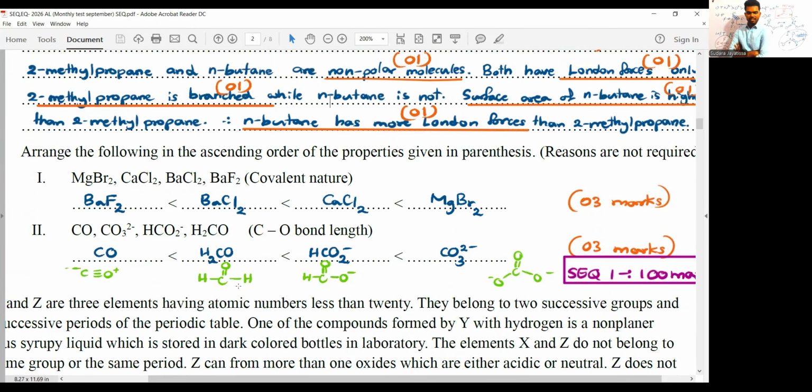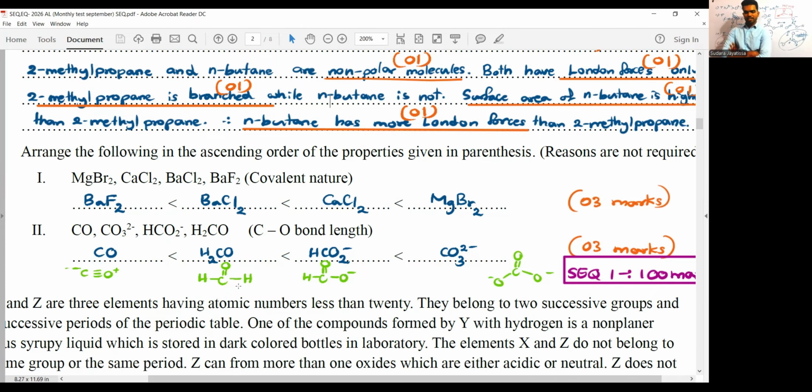And the last part is about arranging them in ascending order. So covalent nature increases in this way because you can see the three cations, barium, calcium and magnesium. Those are group 2 cations, they all have the same charge. Their polarizing power increases when the size is low. So magnesium 2 plus is the smallest one, so it will have the highest polarizing power and most covalent character.